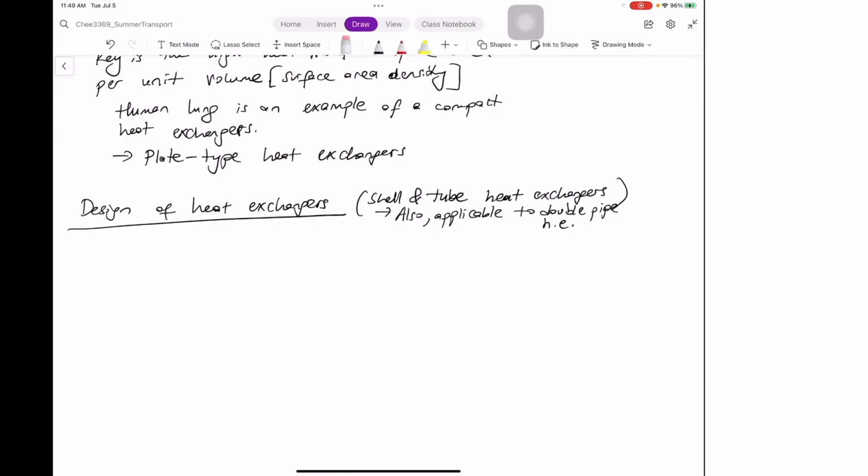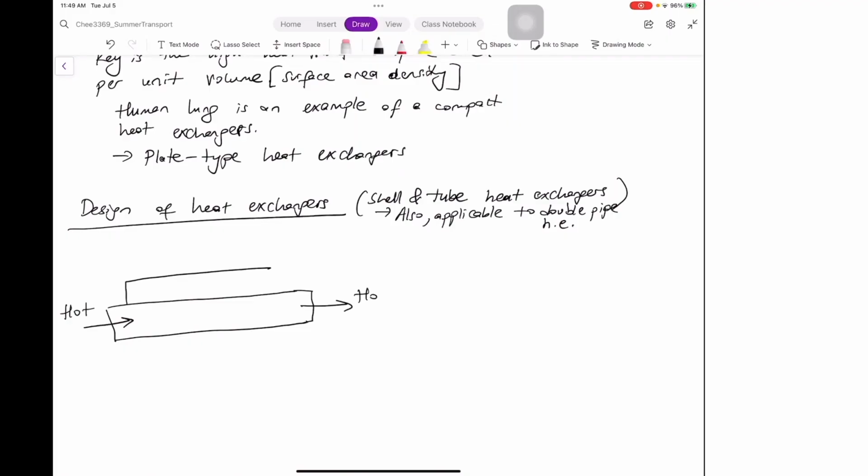So we have a tube, right? You push the hot stream in. You get the hot stream out. Hot out. Right?